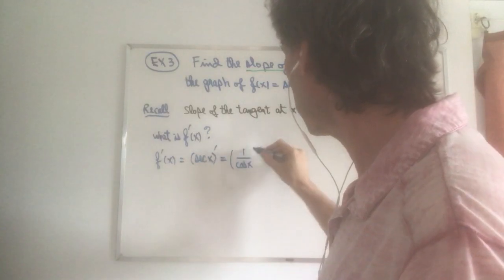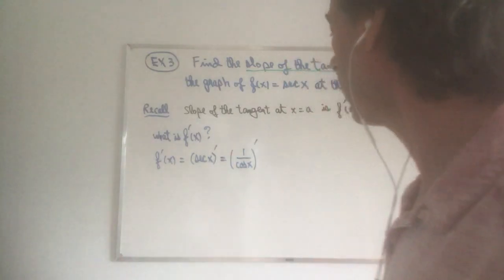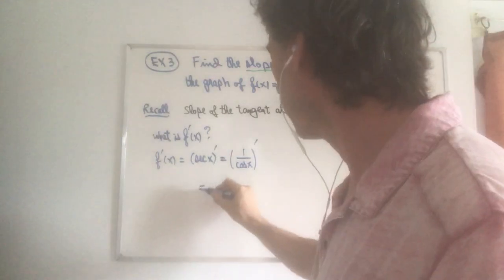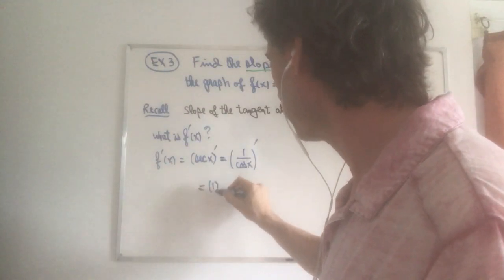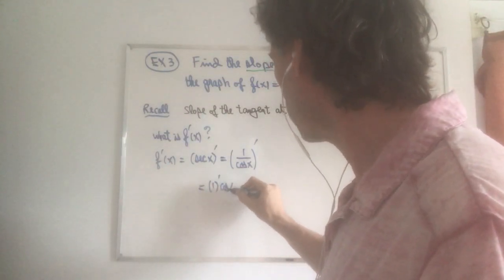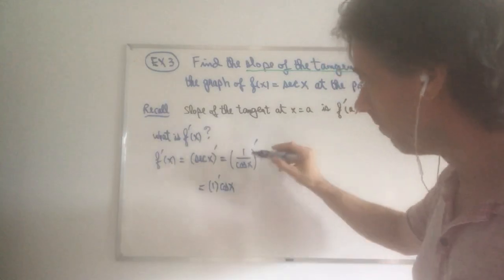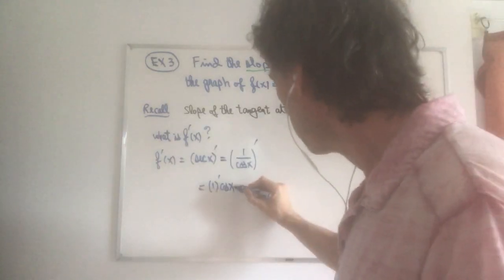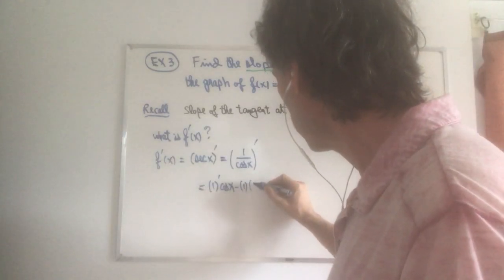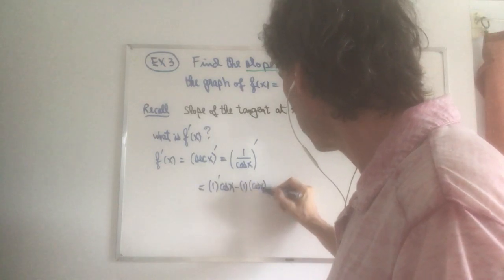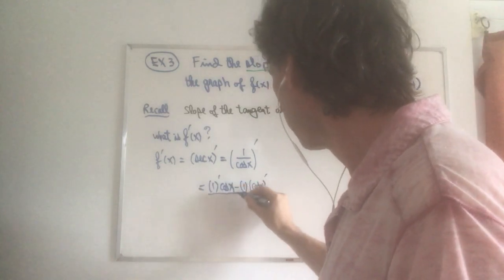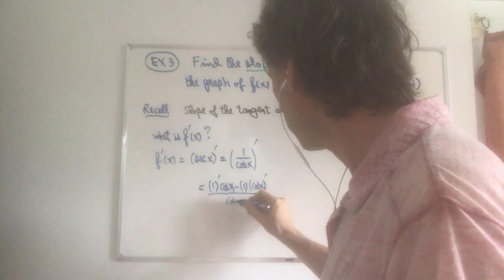Oh no, not another quotient rule, for crying out loud. All right, another quotient rule, you can cry out loud: 1 prime times cos, so f prime over g minus f over g prime over g squared.